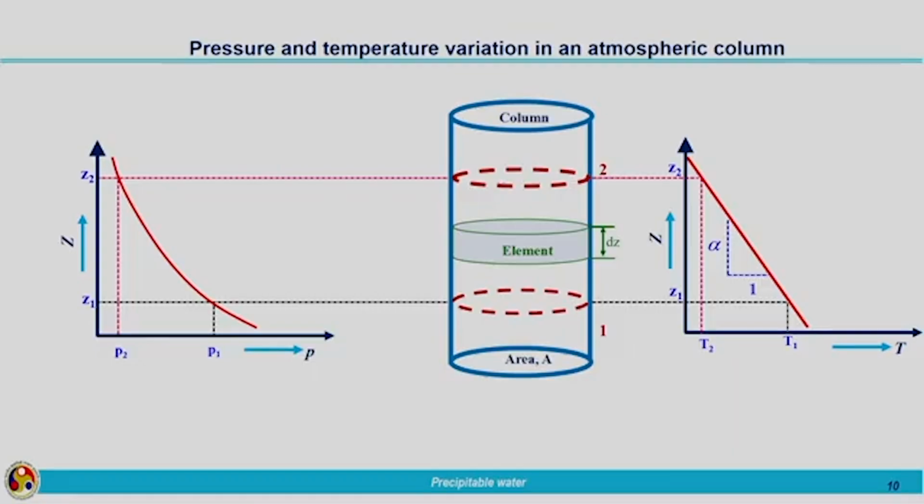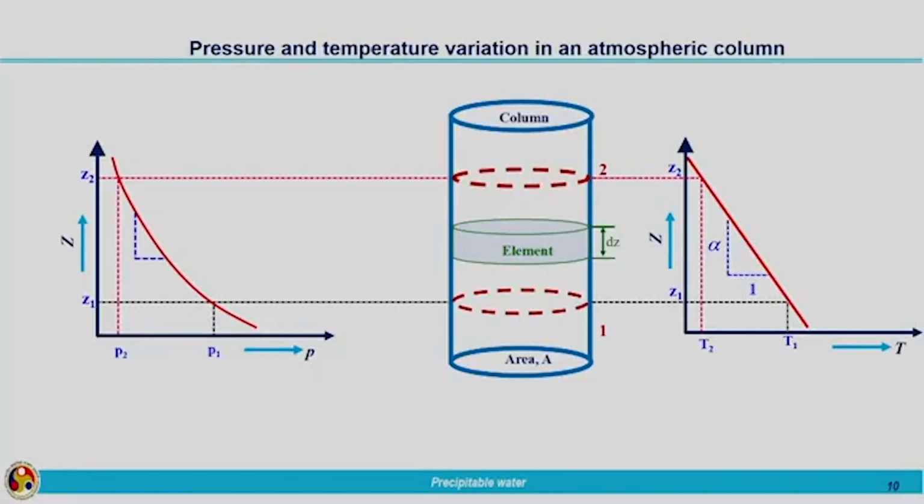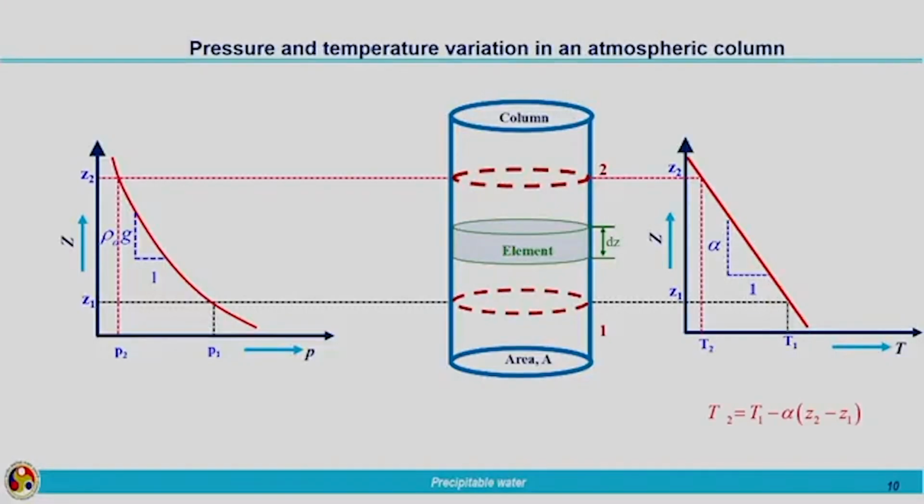When you plot with the numerical values, you will get a curve like this. And when we talk about the slope, it is rho Ag vertical to 1 horizontal, because we had dP by dz to be minus rho Ag. dP by dz is what? It represents the slope of the curve.